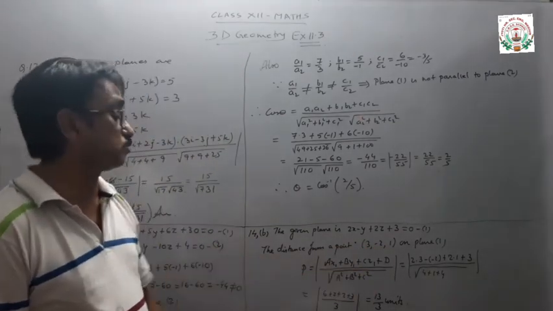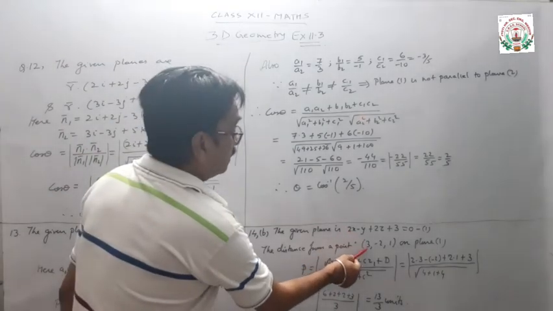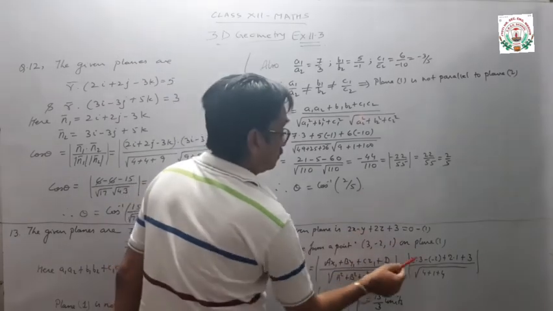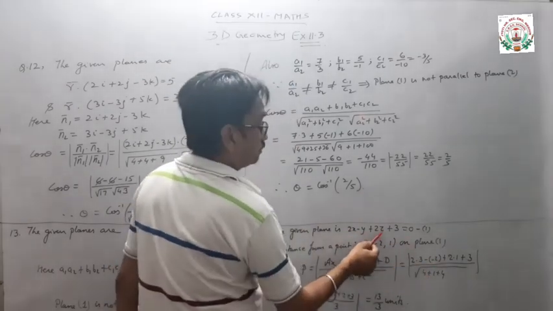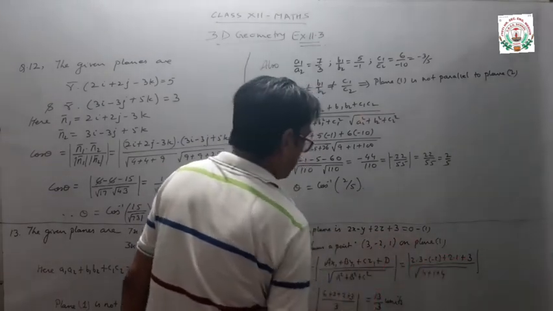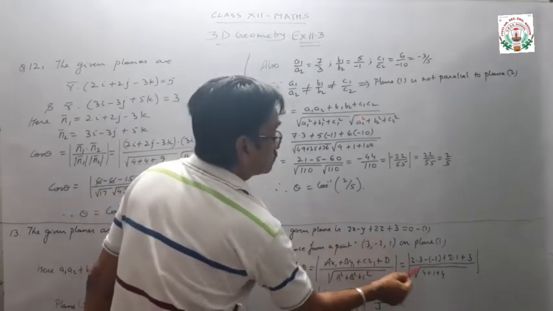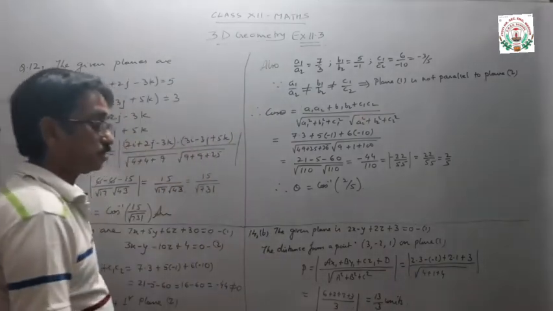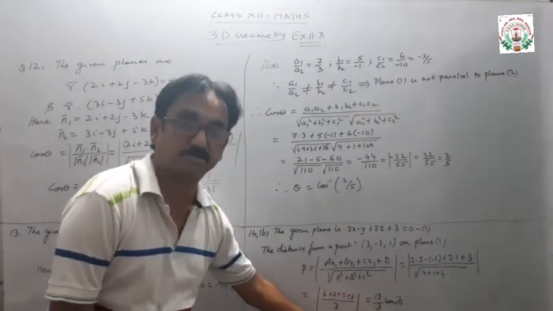So 2 into 3, minus of minus 2, 2 into 1, plus 3 that is d, upon root over 2 square 4, minus 1 square 1, 2 square 4. After simplification, we get the perpendicular distance as 13 by 3 units.